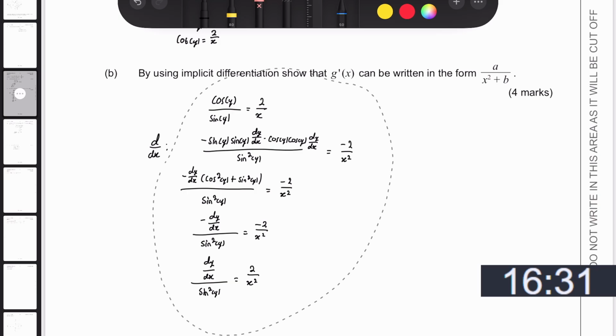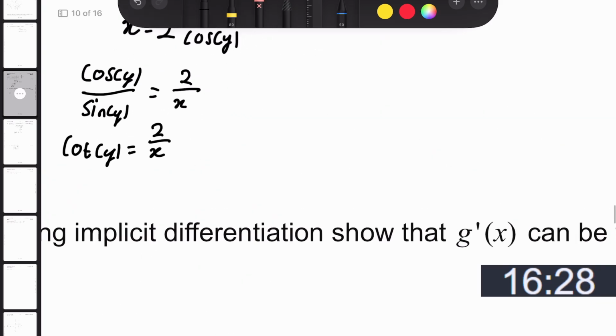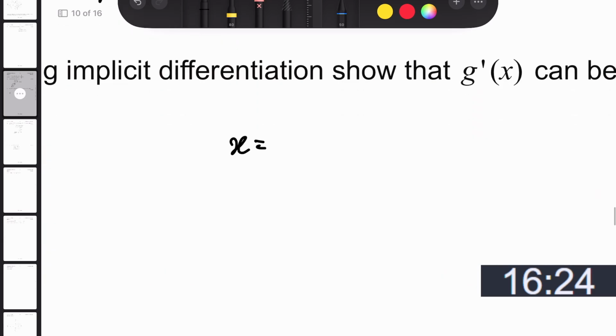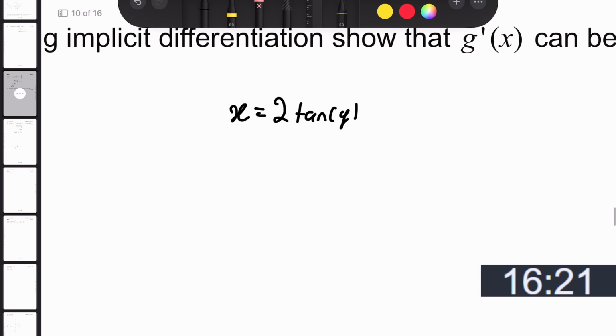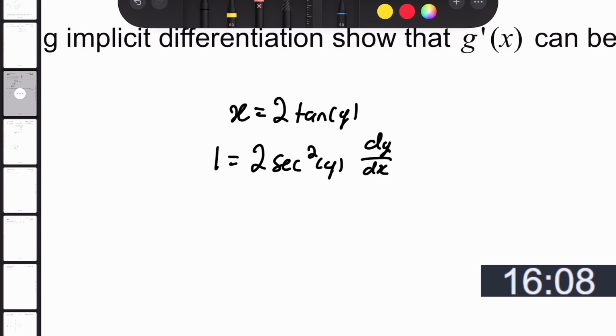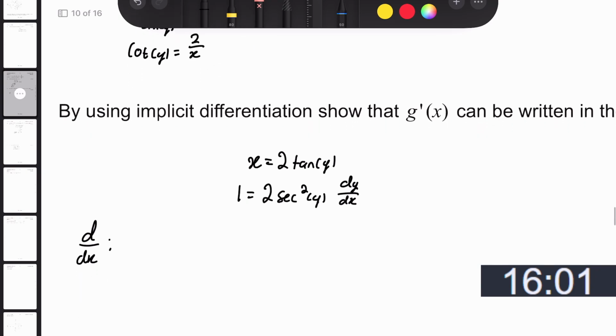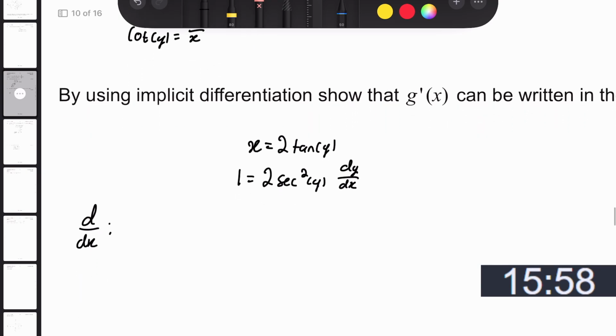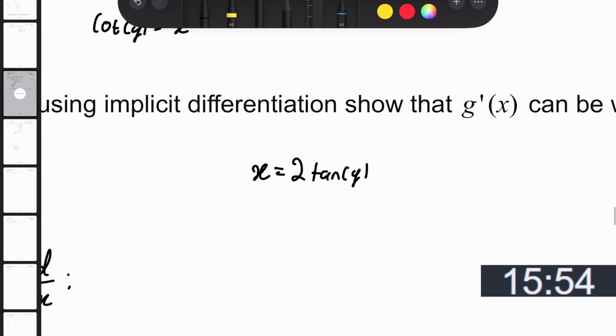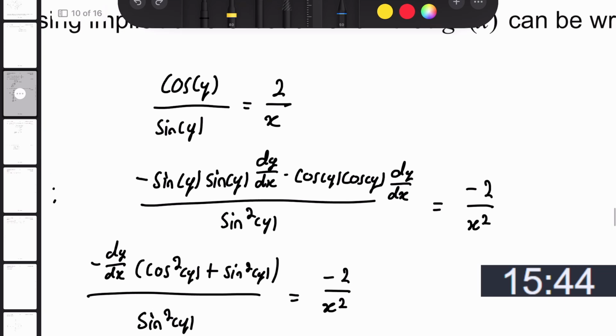I think this is it. If I just stay with 2 equals tan of y, so 1 is going to equal 2 secant squared of y dx. That doesn't help, does it? Negative 1.